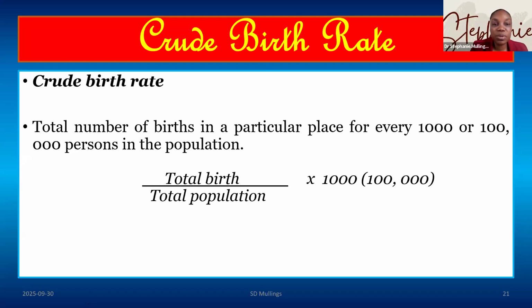So we have the total number of births in a particular place for every 1,000 or every 100,000 persons in the population. You will note that in some jurisdictions, crude birth rate is represented as per 1,000 or per 100,000. So when you do your calculation, you should verify whether you're using 100,000 or 1,000.